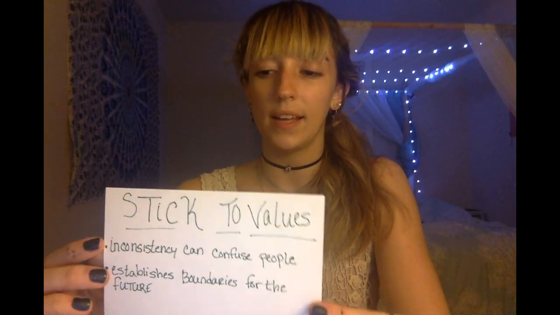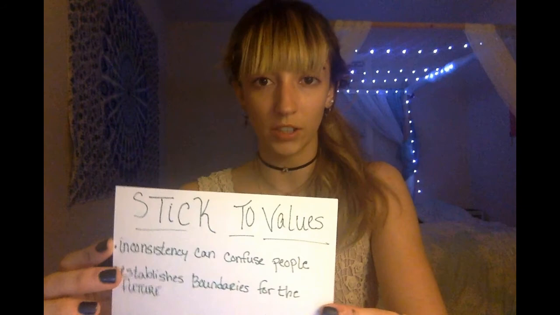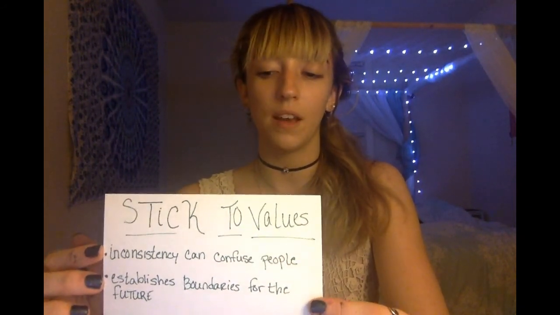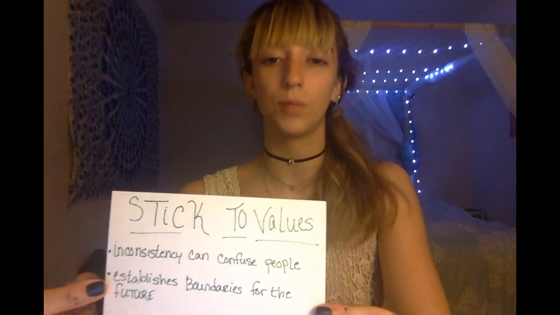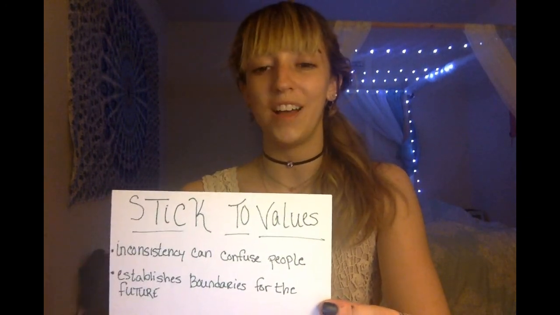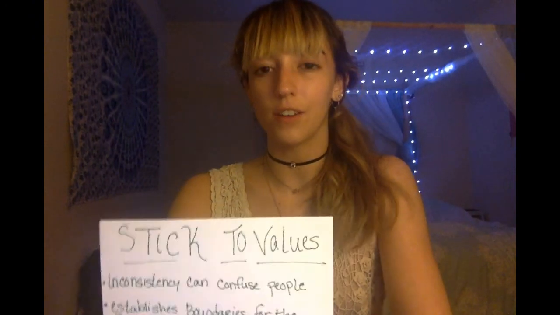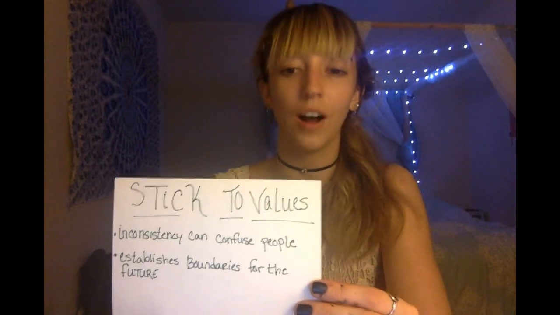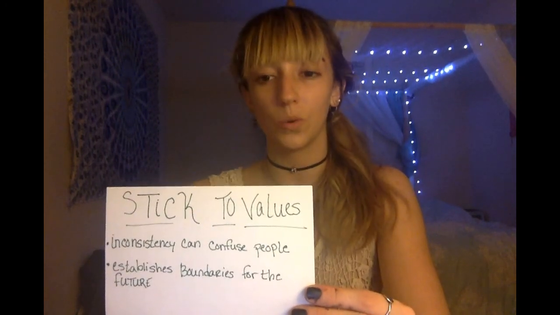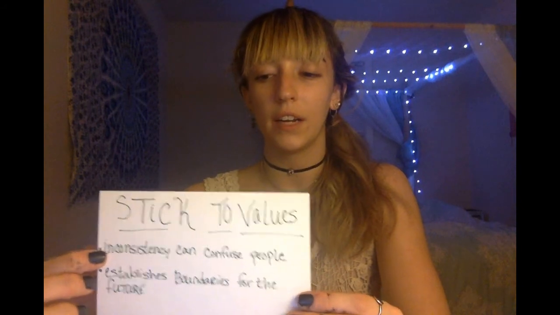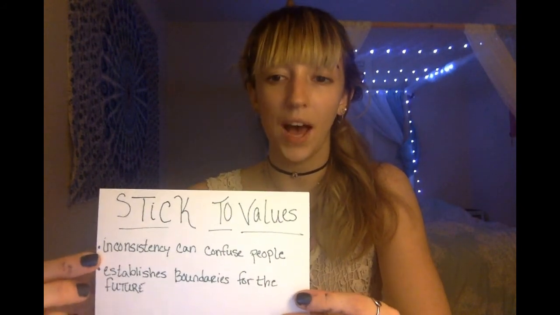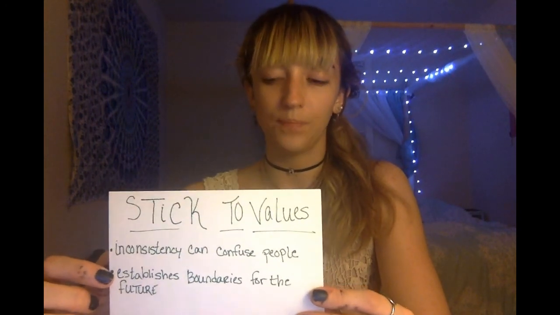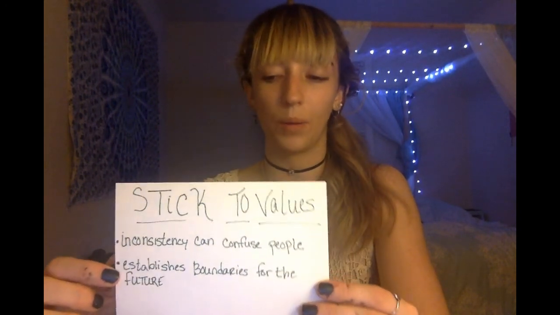But again, it seems sort of easier to just apologize a bunch or come up with an excuse for why you're going to say no. But I think in reality, I know I personally would rather someone just tell me what they thought and why they couldn't do the request, rather than just kind of feel bad and apologize, and then I feel awkward for asking, and then it turns into a whole thing. So I think if you're really clear with your values and you're consistent about that, people will understand that you have certain boundaries in the future, and it won't become an ongoing problem.